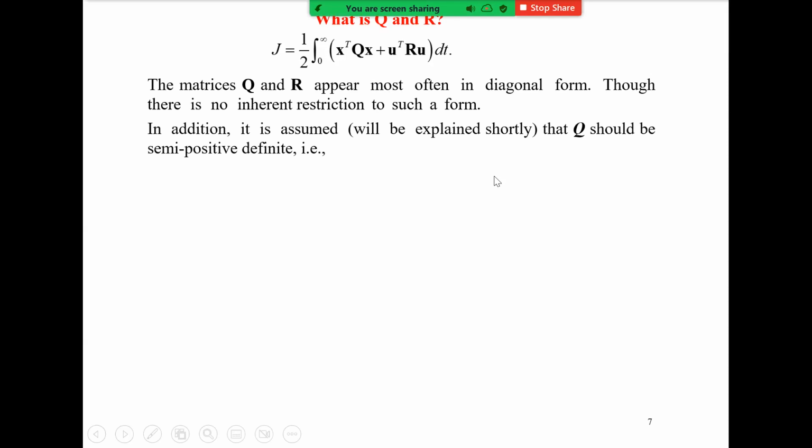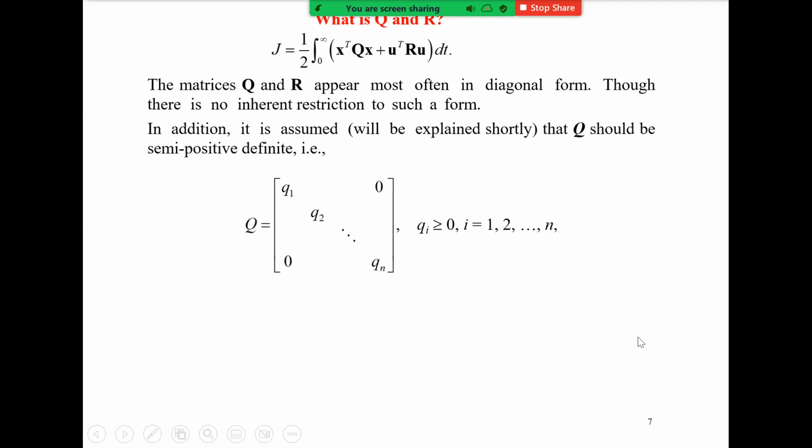In addition, we are going to explain that Q should be semi-positive definite. If Q is in a diagonal form, semi-positive definite means that all the diagonal terms have to be non-negative. Could be 0, but cannot be negative.